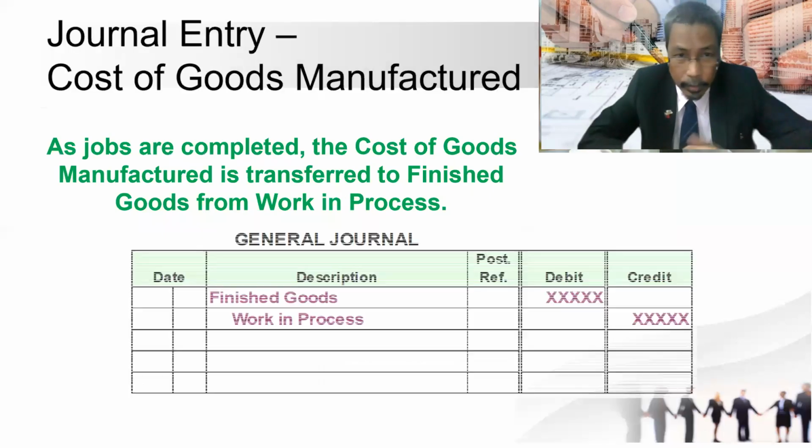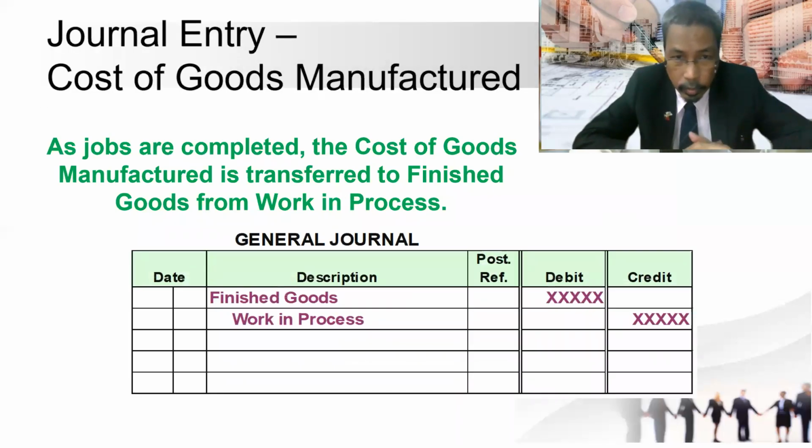Another example, cost of goods manufactured. As jobs are completed, the cost of goods manufactured is transferred to finished goods from work in process. So, work in process will ultimately be finished. So, they are finished goods. What will happen?